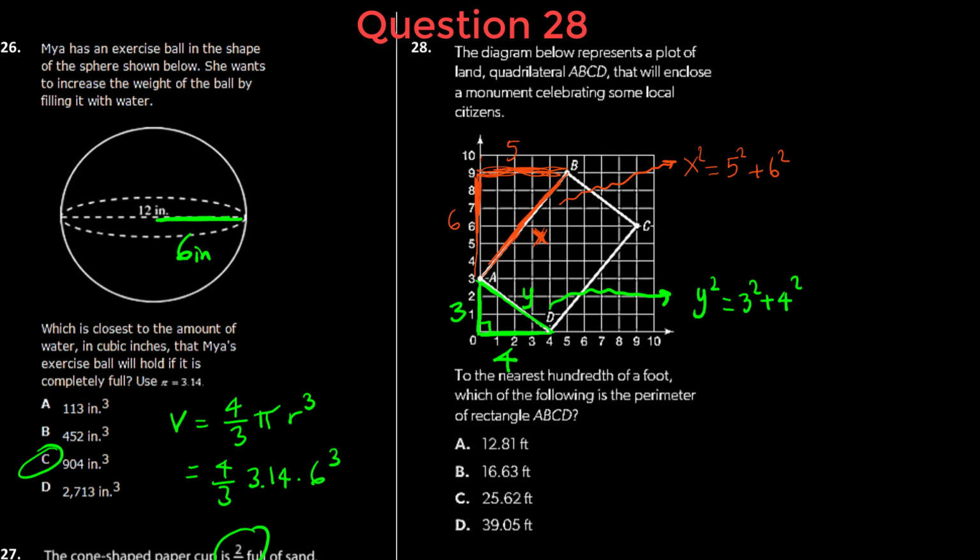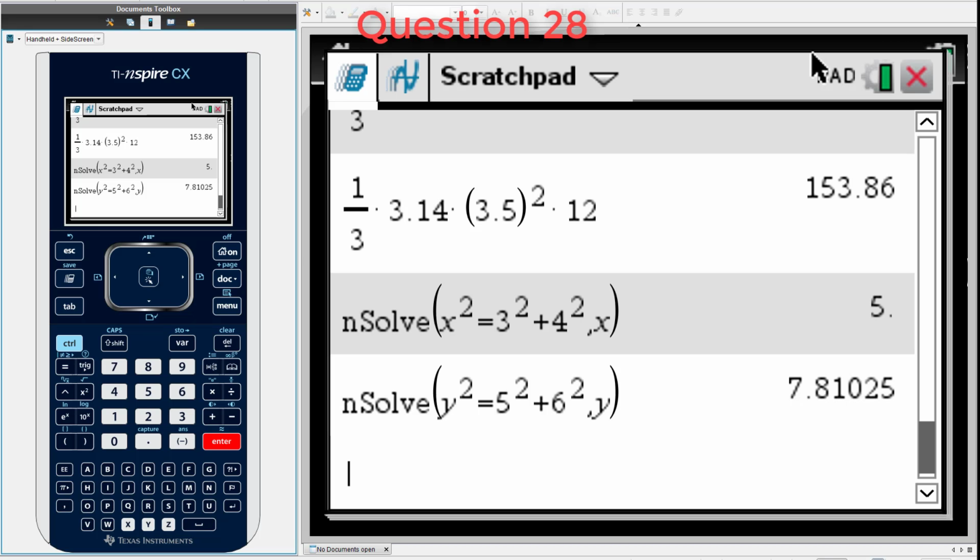And the equation for the green one is going to be, because the longest side is y, it's going to be alone on one side of the equation, y squared equals 3 squared plus 4 squared. Entering these equations into our calculator's solve function, we get 5 and 7.8 for x and y.